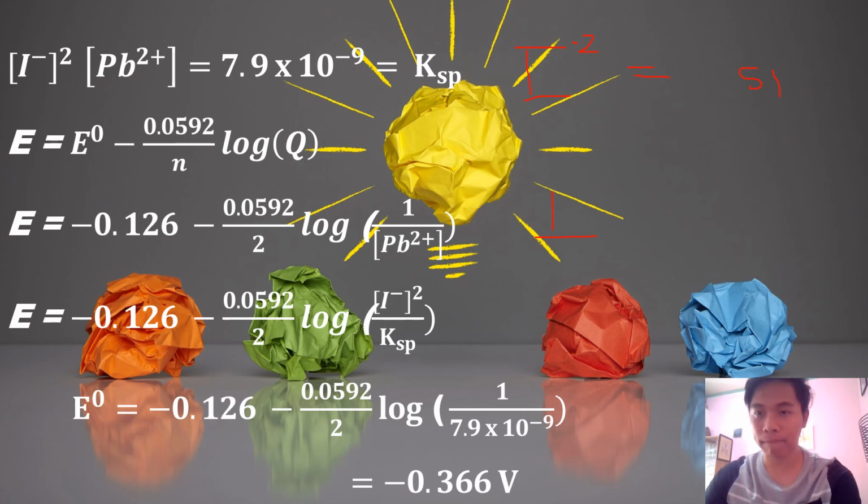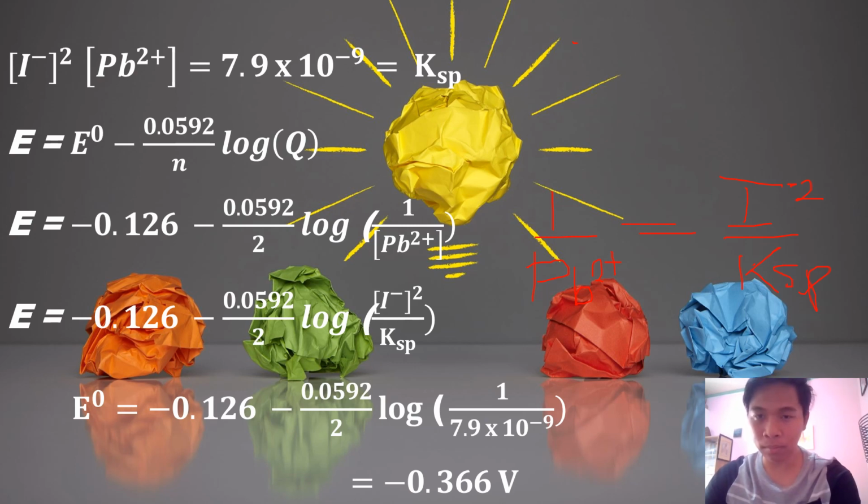The equation is Pb2 plus, and it will equate to I negative 2 over Ksp.